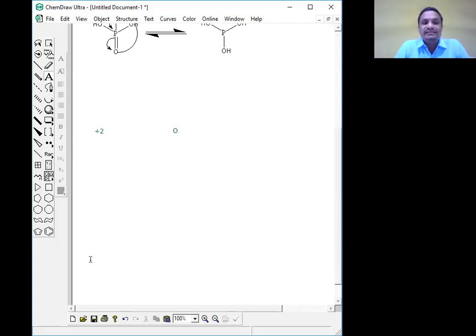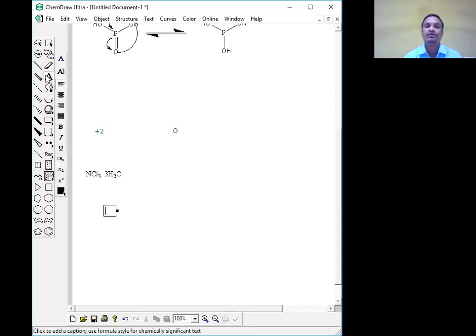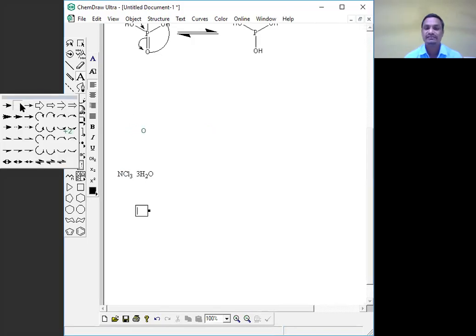In the hydrolysis of NCl3, HOCl is not formed. We'll just write the chemical reaction for this. This statement is again incorrect, because in the hydrolysis of NCl3, there is a formation of HOCl, hypochlorous acid.